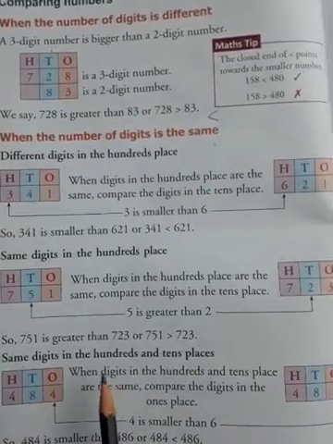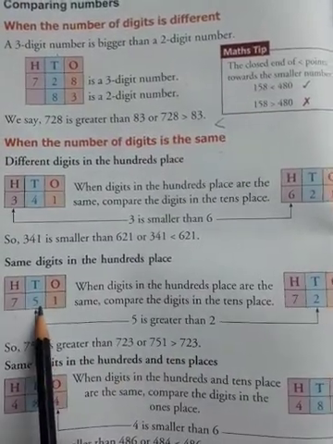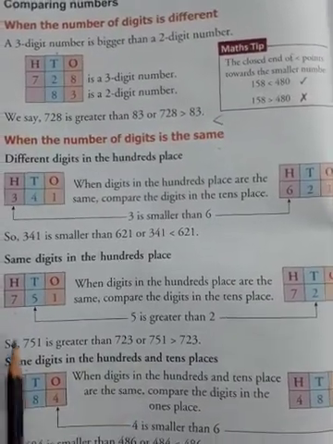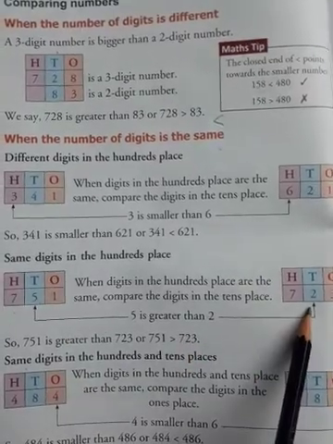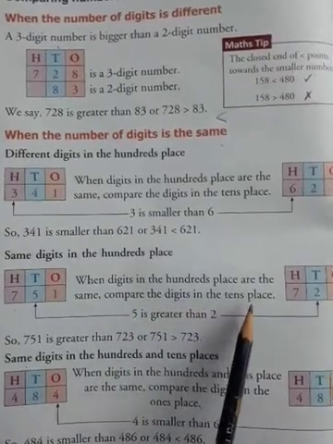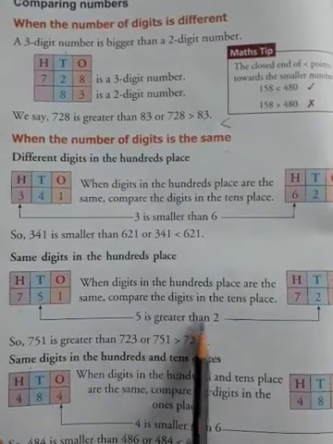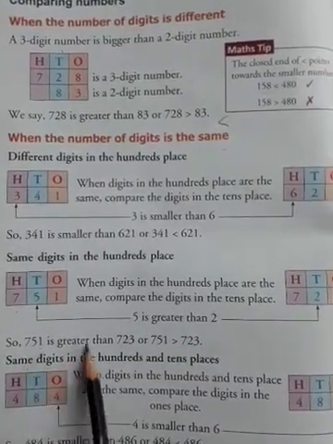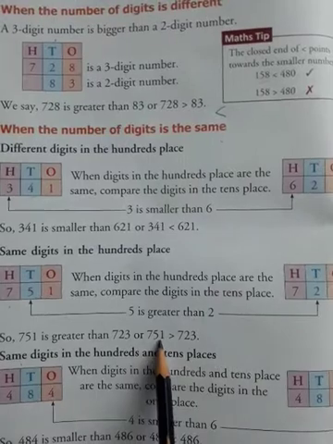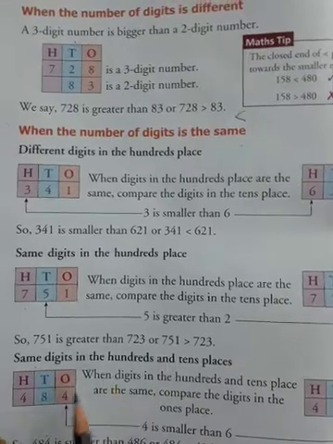When the digits in the hundreds place are the same, compare the digits in the tens place. So here is 5 in the tens place and here is 2 in the tens place. You all know that 5 is greater than 2. So 751 is greater than 723. And how do we write it? We write like this: 751 is greater than 723. Is it clear to all of you?